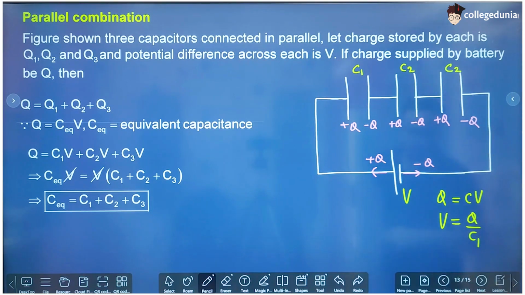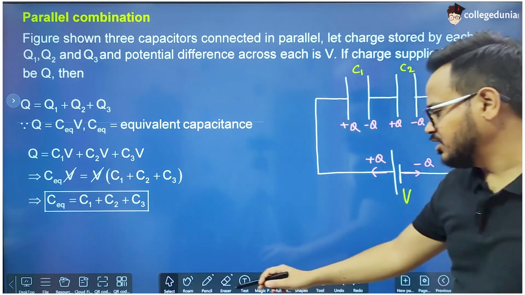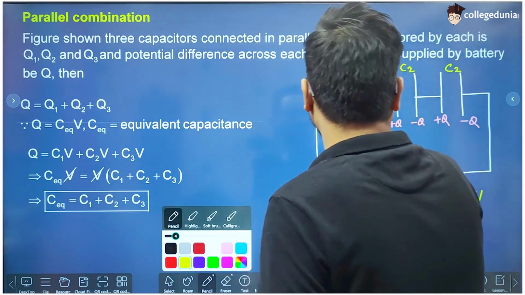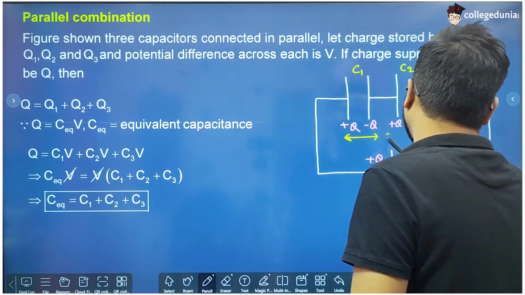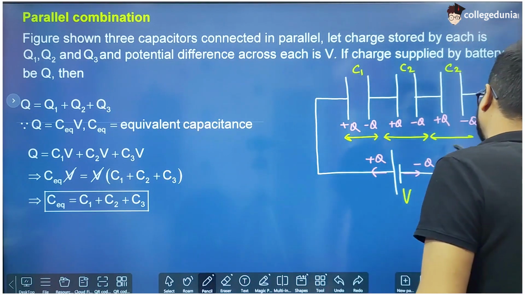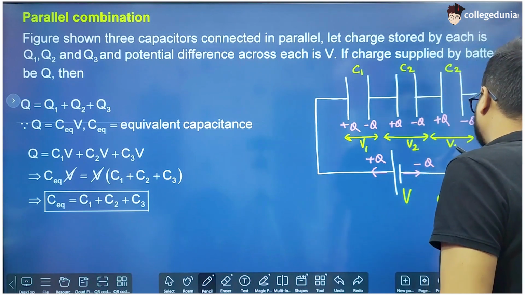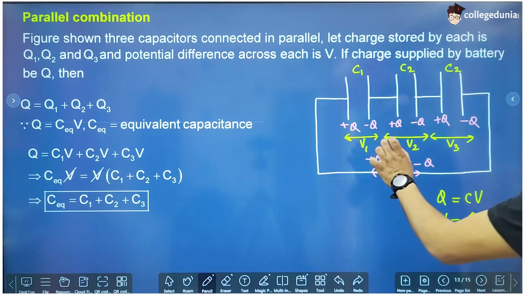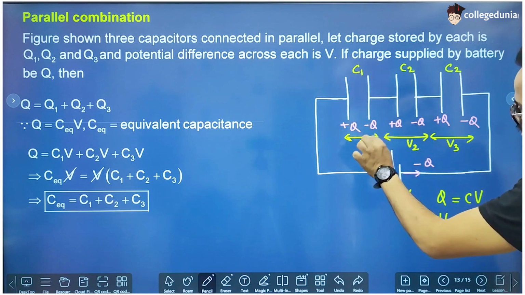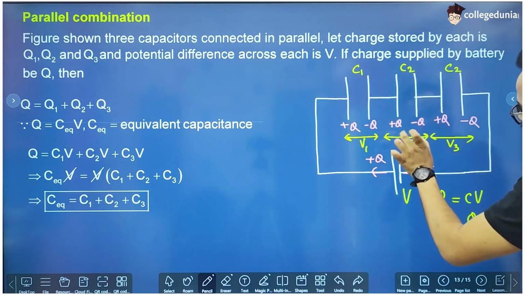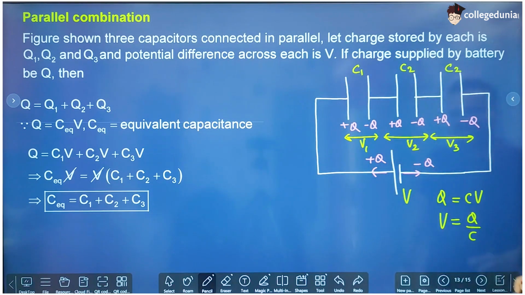Then obviously V is going to be different for each of these capacitors. So the potential between the plates of this capacitor is different, between the plates of this capacitor is different, and between the plates of the third one is different. Now let us say the potential between the plates of this capacitor is V1, potential between the plates of this capacitor is V2 and V3.